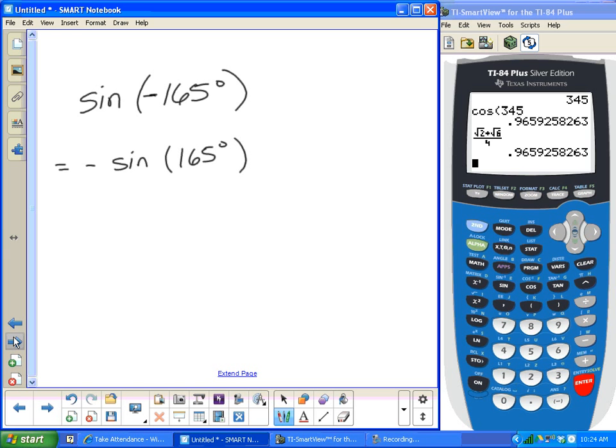So let's find the sine of 165 and then make it negative. Now, you could certainly do what you said there. You could add 360 and find a coterminal angle. But I could do this a little bit quicker, couldn't I? Now, do y'all want to use a sum or a difference to get to 165? Sum. All right.